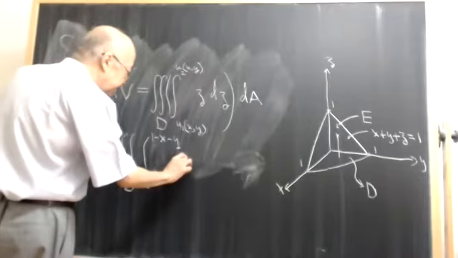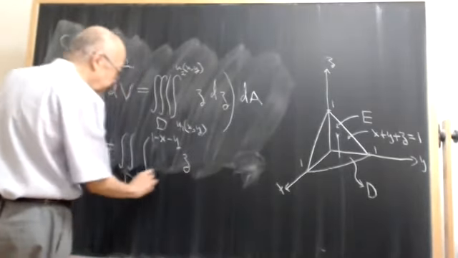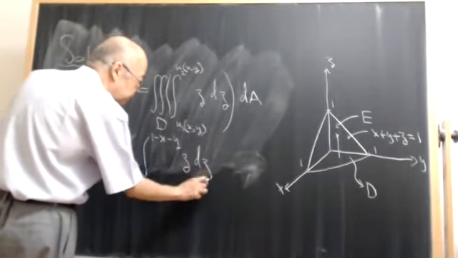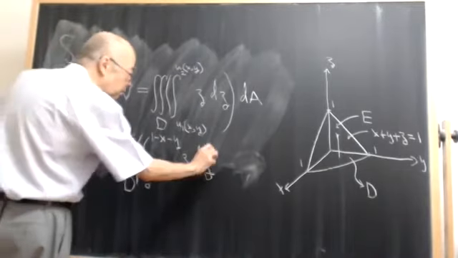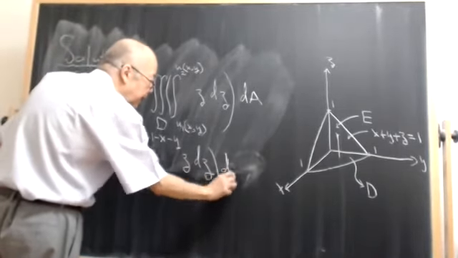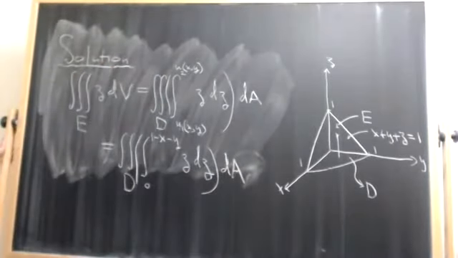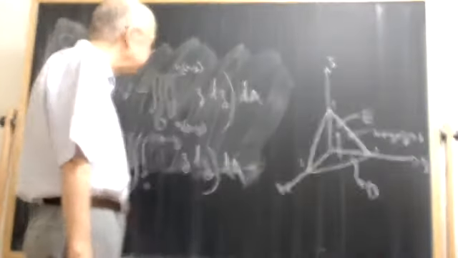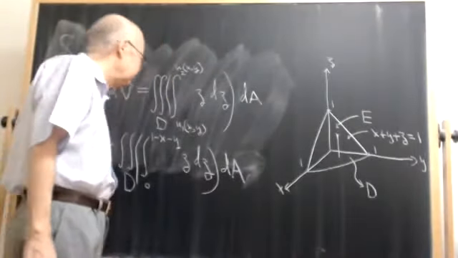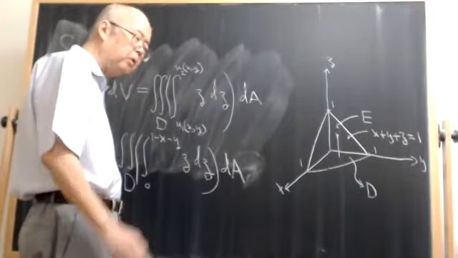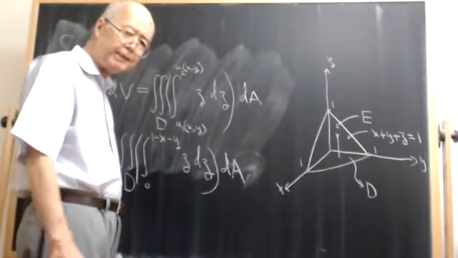And then you have z with respect to z. And after that, you integrate with respect to A, the area on D. Okay? So this is the way to set up the integral up to the point mentioned on Monday.